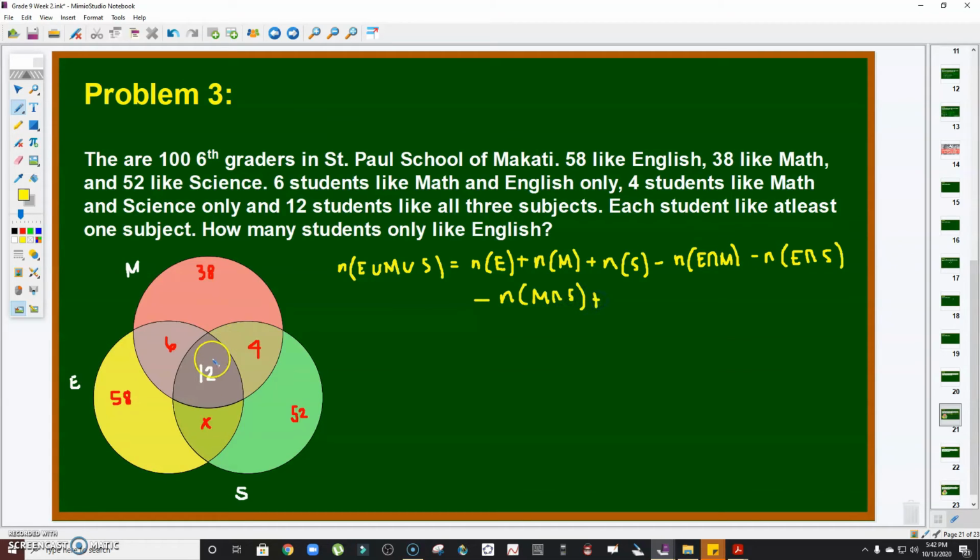Plus, of course, yung middle. Plus the number of elements in the intersection of English, Math, and Science. There you go. See that?